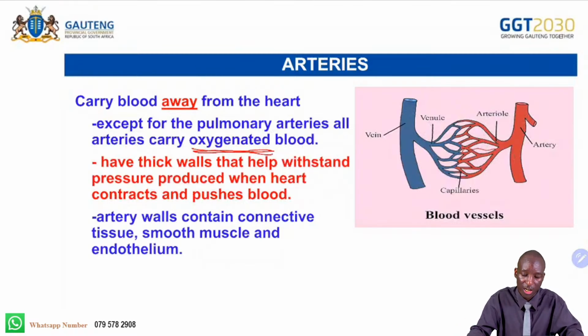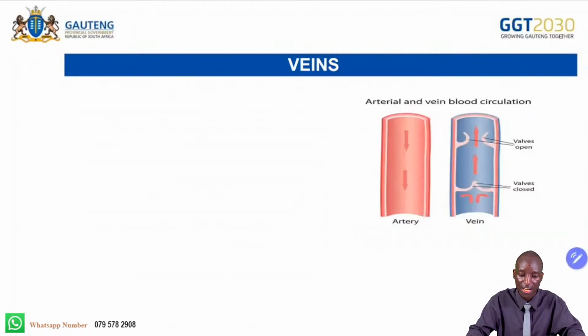The veins do not carry oxygenated blood. We're going to be looking at them just now. Then we've got the capillaries. As you can see, the capillaries are the ones which connect the arteries and the veins. We're going to be looking at that as we speak about the capillaries.